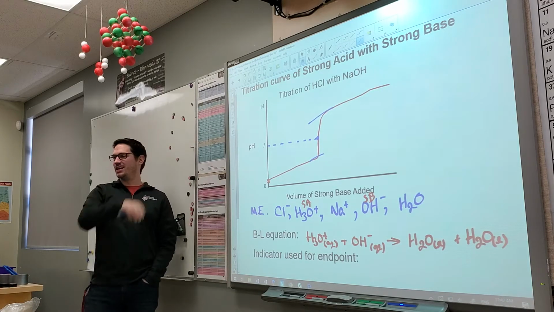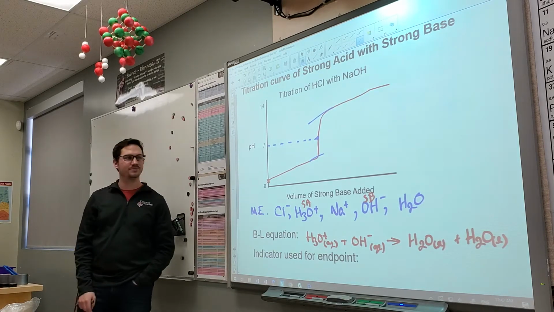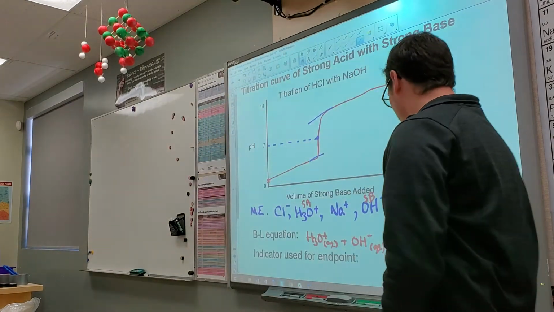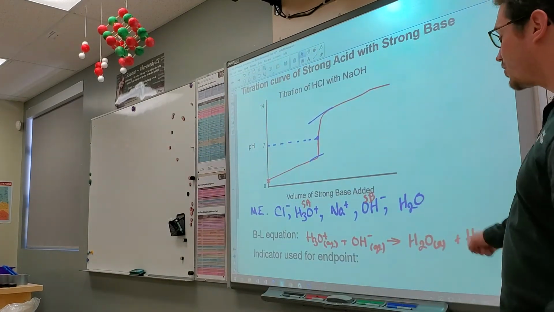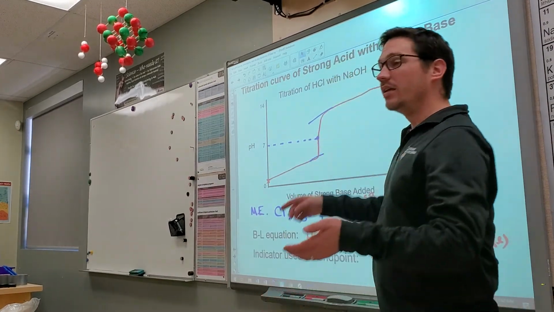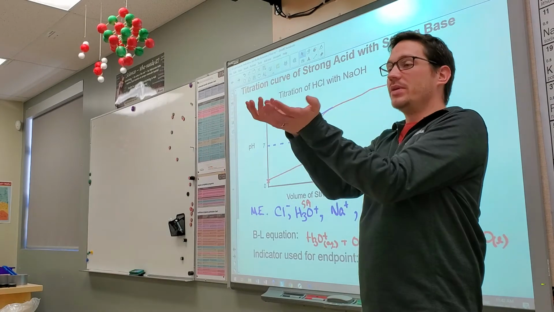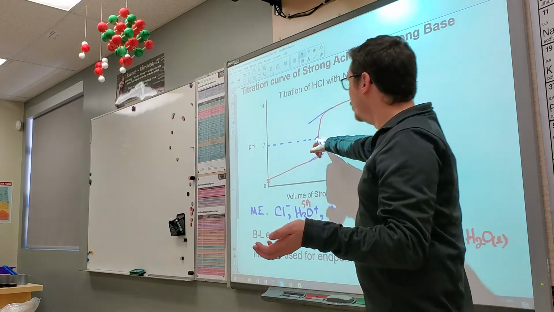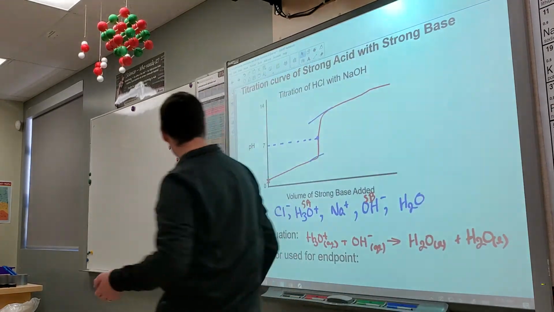I kind of had to fudge that line a little bit, but you know what I'm talking about. The pH at equivalence for this particular reaction will be 7. So a strong acid and a strong base will always make water when they react together. It will always have a neutral equivalence point.